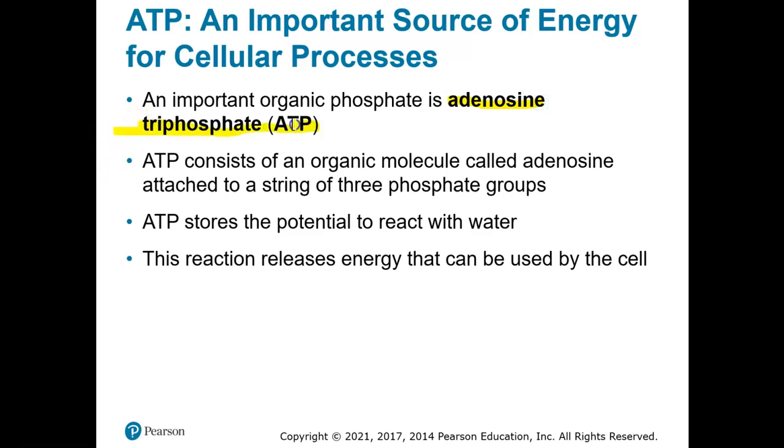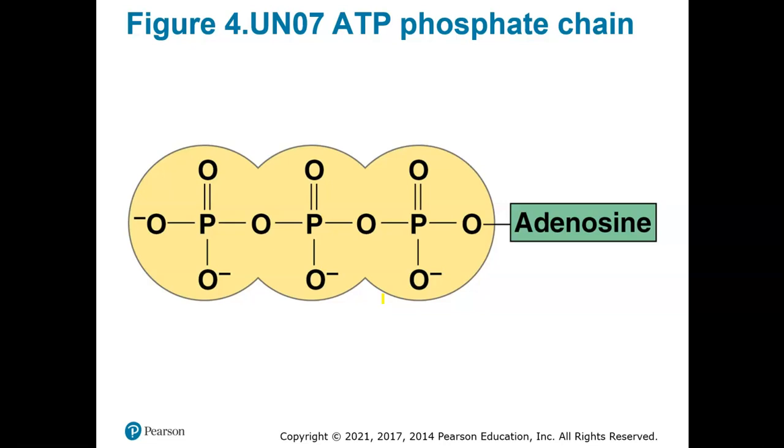So it's an adenosine which is attached to 3 phosphate groups. We will learn more about it in chapter 5 most likely, but here's your adenosine, which is a type of nucleotide.